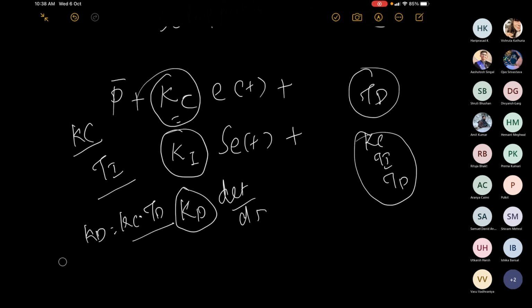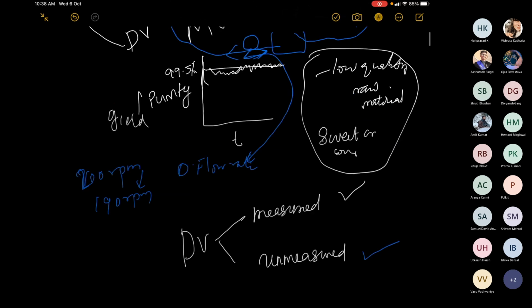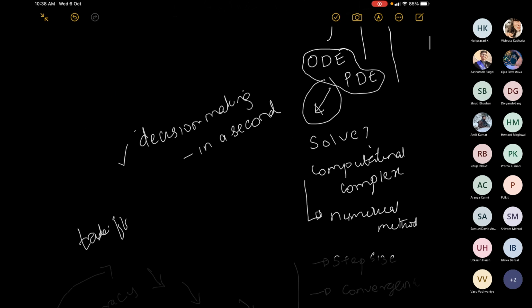If you come to the lab, you will most likely see that they will ask for the derivative term, which is Kd, the integral term, which is Ki, and the proportional gain, which is Kc. So this is also one way of representing the whole thing. The standardized representation includes Kc, tau I, and tau D.